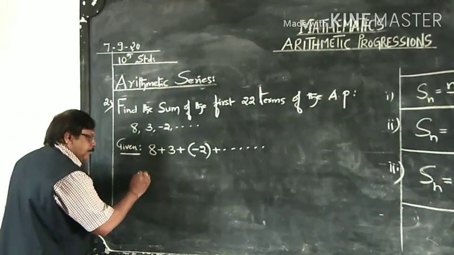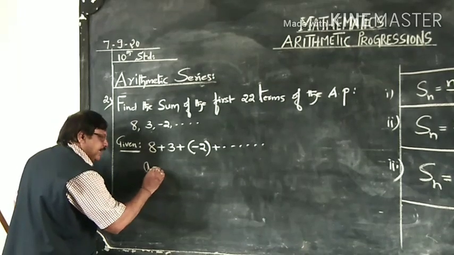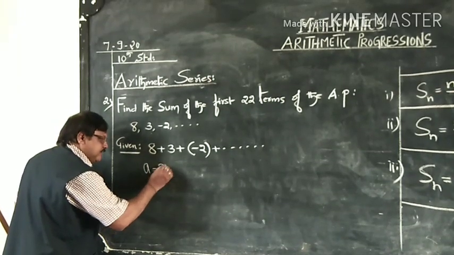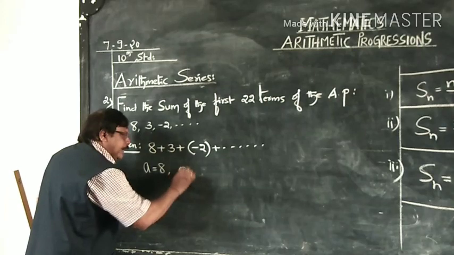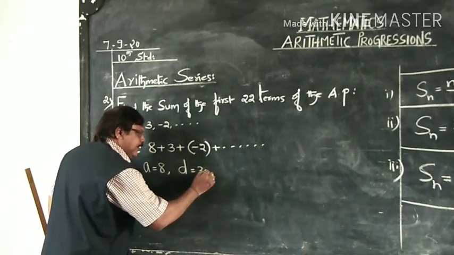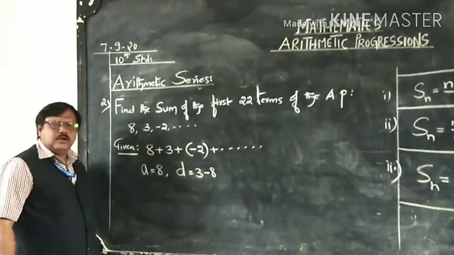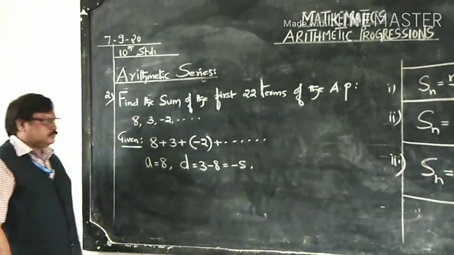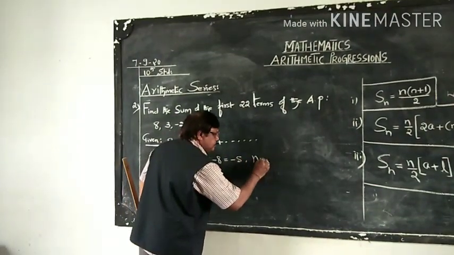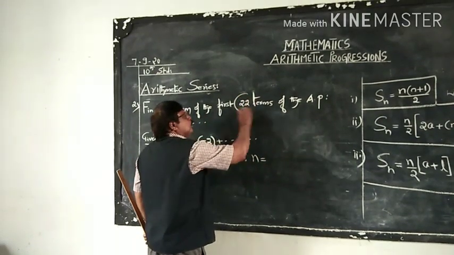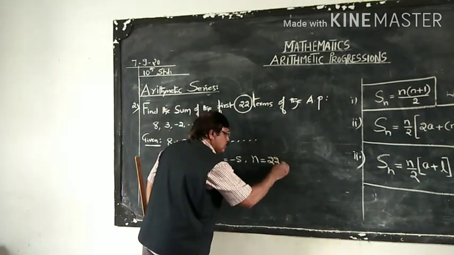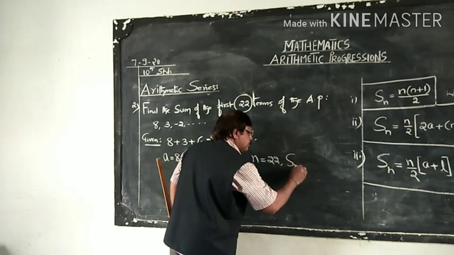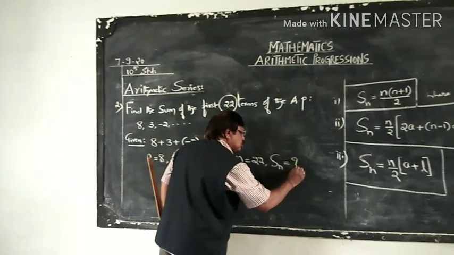To find this sum, first take a is 8, d is equal to 3 minus 8, a2 minus a1, which is minus 5. The number of terms is 22. Then find the sum.